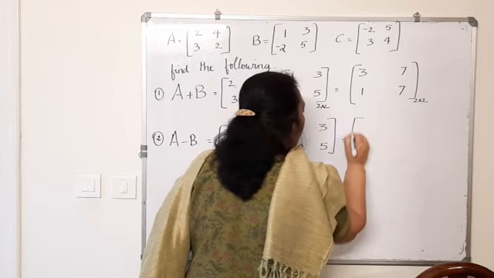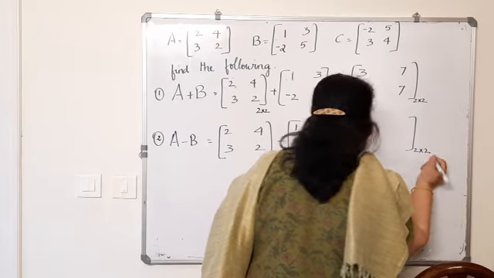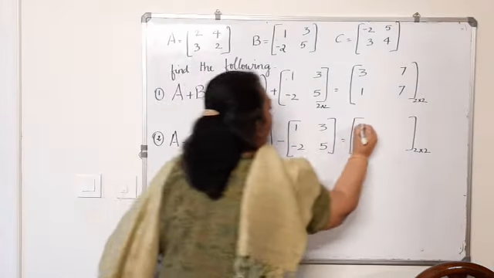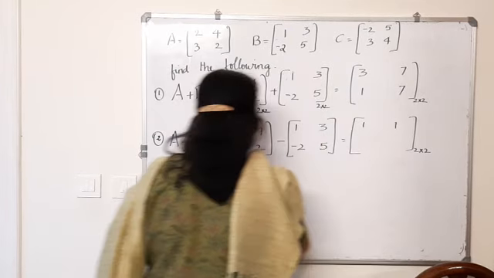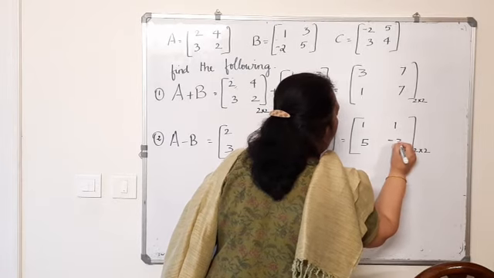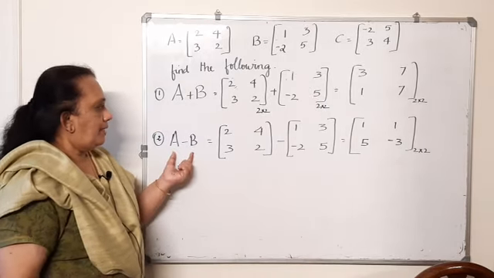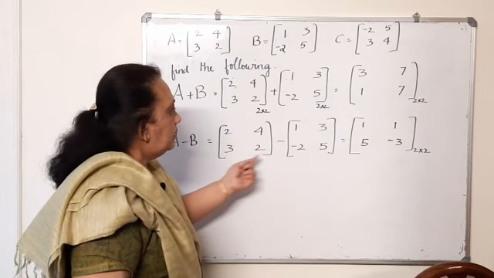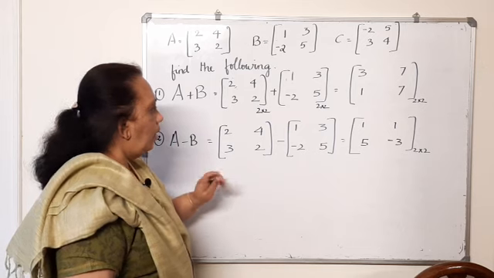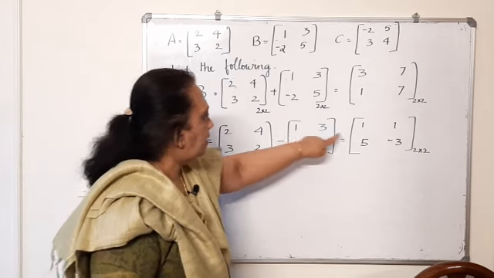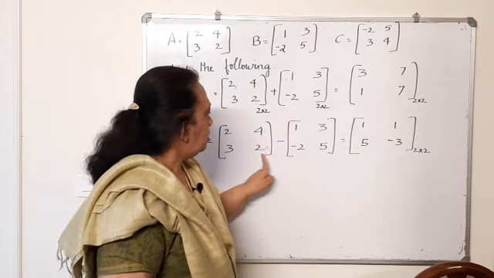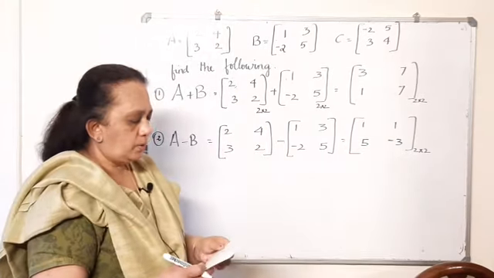When you subtract, again you get a matrix of the same order, but corresponding elements should be subtracted. 2 minus 1 is 1. 4 minus 3 is 1. 3 minus minus 2 is 5. 2 minus 5 is equal to minus 3. When you subtract or add, the answer will be a matrix of the same order, which is a 2 by 2 matrix.